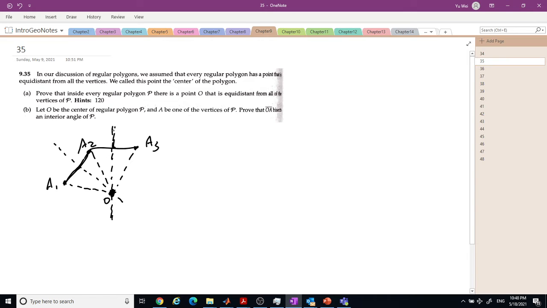Based on the perpendicular bisectors, we know OA2 equals OA3, and also OA2 equals OA1. So OA1 equals OA2 equals OA3.